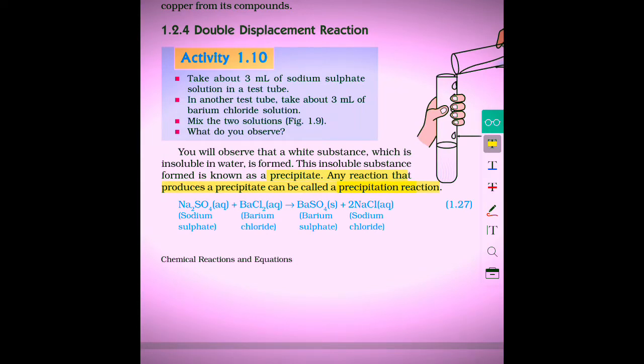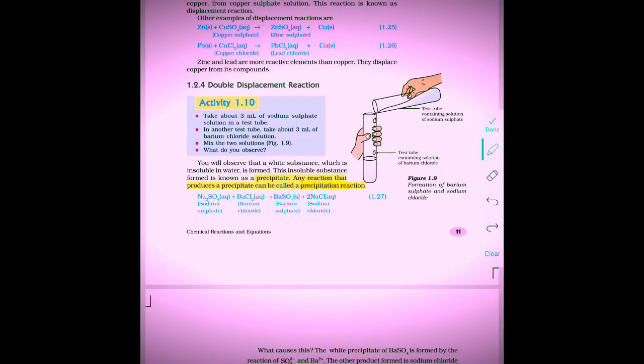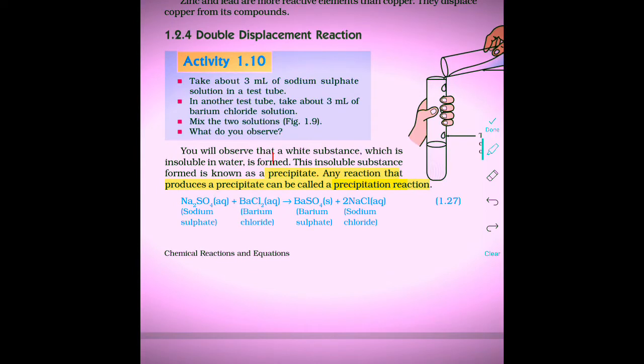Na2SO4 plus BaCl2 gives BaSO4 plus 2NaCl. Here the bond between Na plus 1 and SO4 minus 2 is breaking, and the bond between Ba plus 2 and Cl minus 1 is breaking. We always have to remember that a positive ion can get attached to a negative ion.